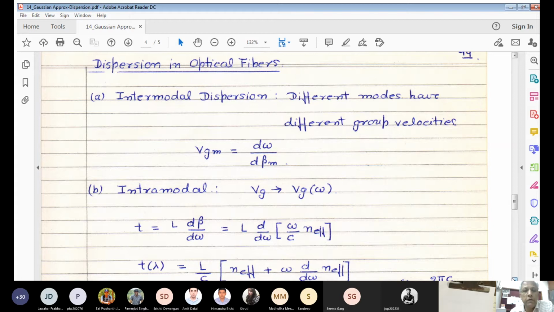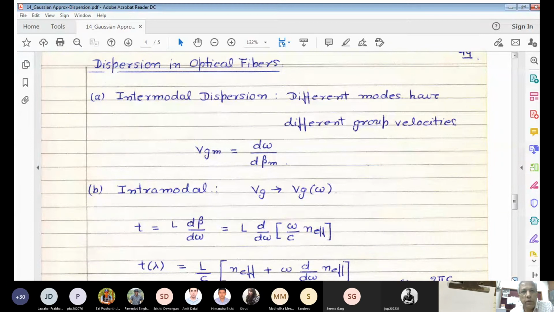But a correct way of saying it is that different modes have different group velocities. If you have a mode whose propagation constant beta m is a function of frequency omega, the group velocity is given by d omega by d beta m. And these group velocities are different for different modes.